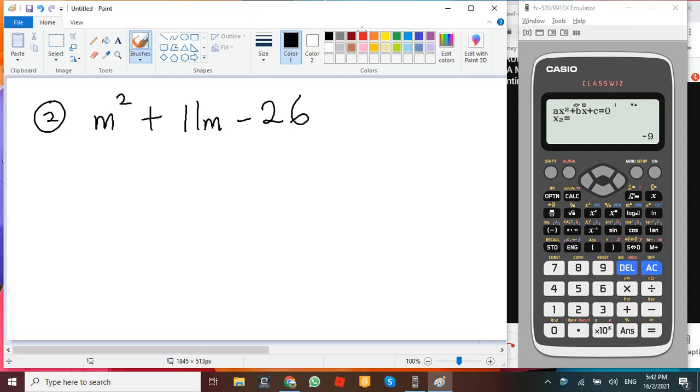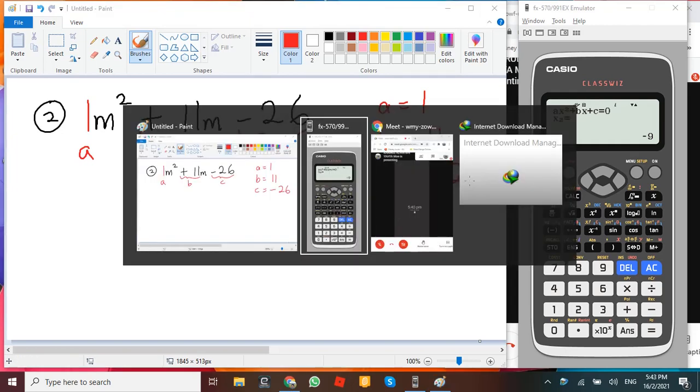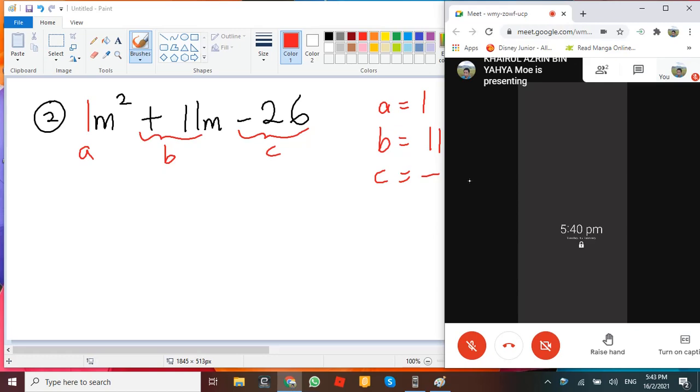Okay, we need to know the value of a, b, and c. Okay, so a is here, b is this one, c is this one. Okay, a, the value is 1, b is 11, and c is negative 26. Okay, now we use the calculator.